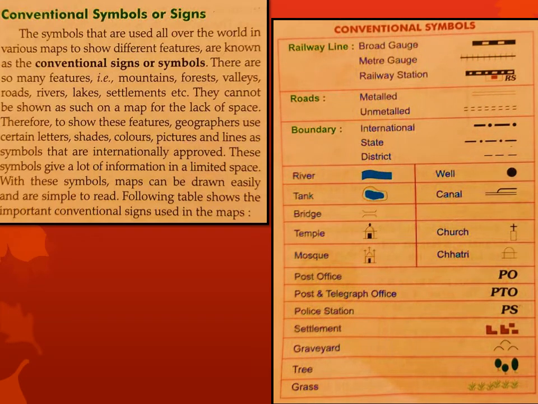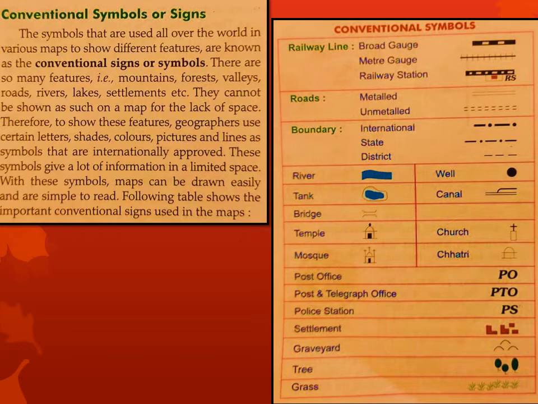So here we have some of the conventional symbols like railway line, roads, metallic, unmetallic, boundaries, international, state and district. You have river, tank, bridge, temple, mosque, well, canal, church, chhatri, post office, post and telegraph office, police station, settlement, graveyard, tree, grass.